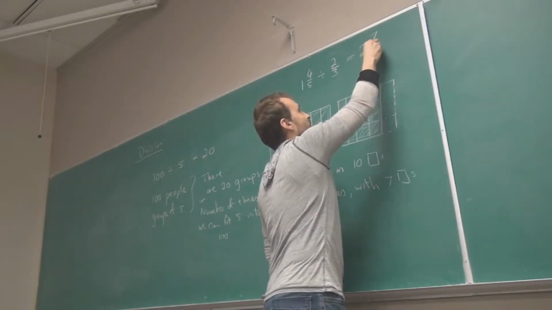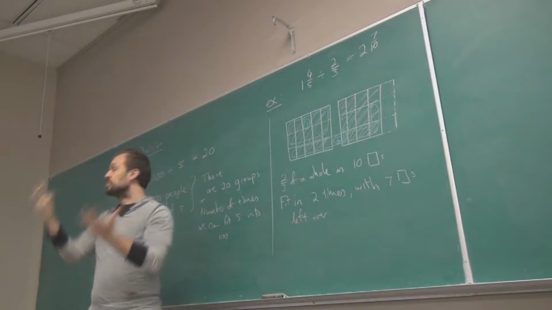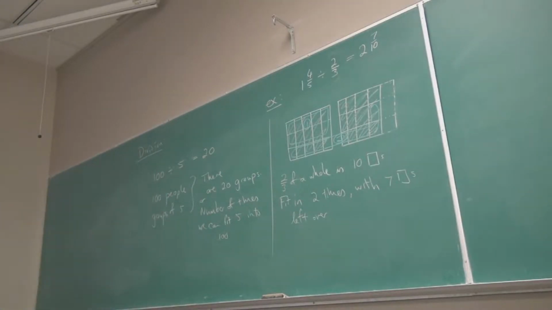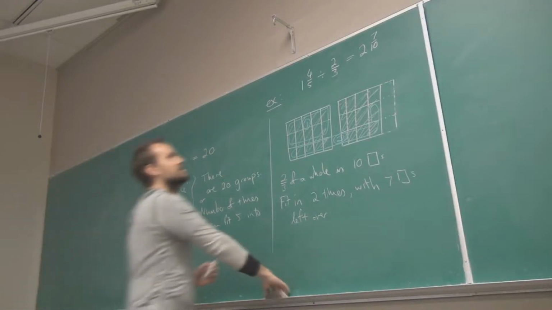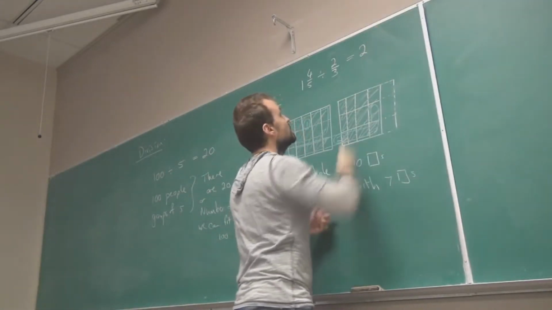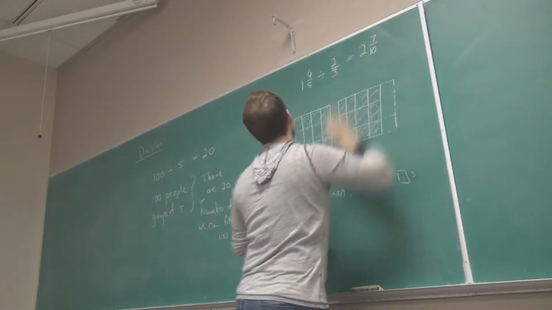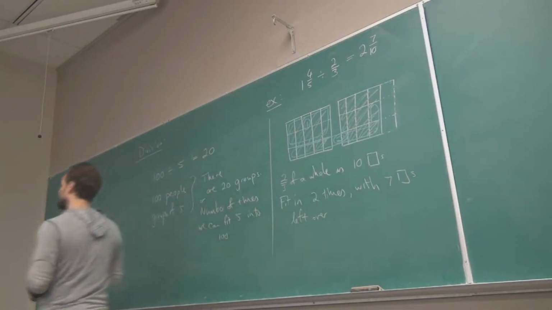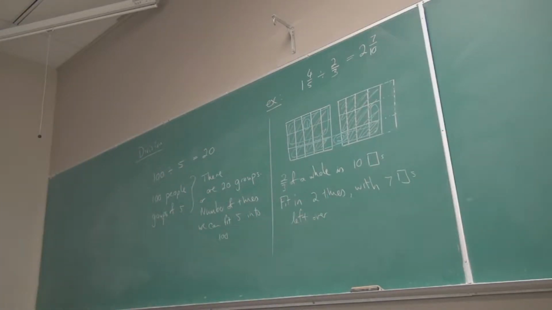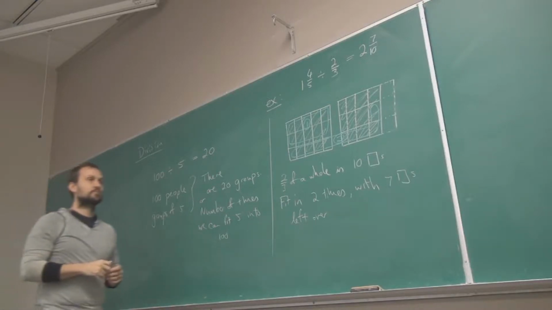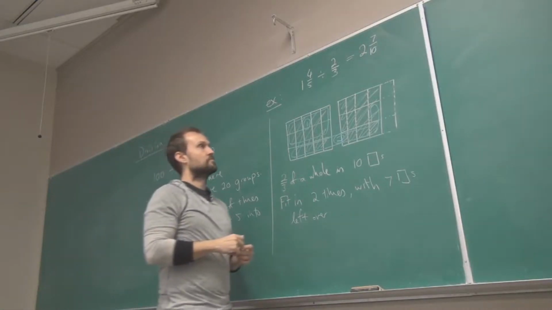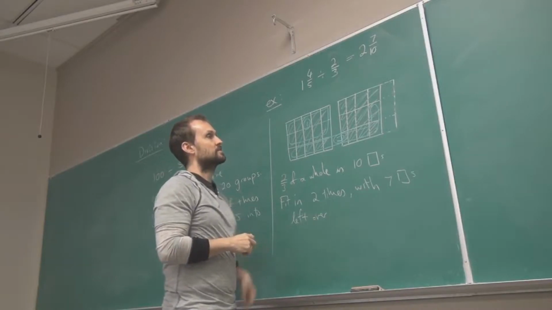So 7/10 of another group can fit in. So that is an intuitive way to not rely on any mathematical properties, just with rectangles to get the answer.